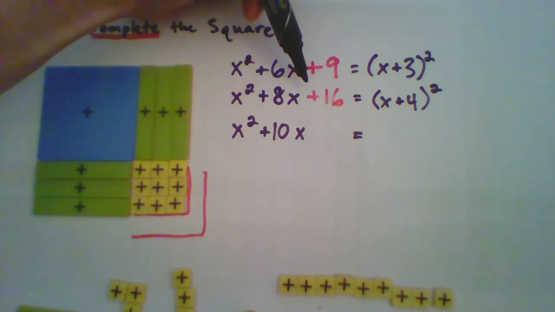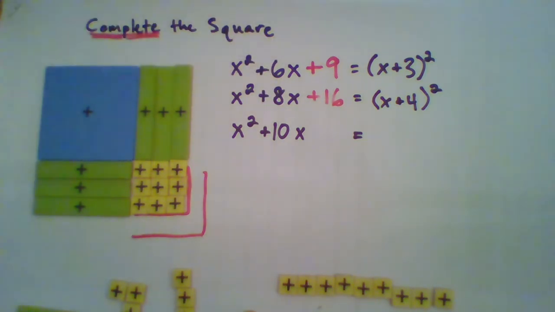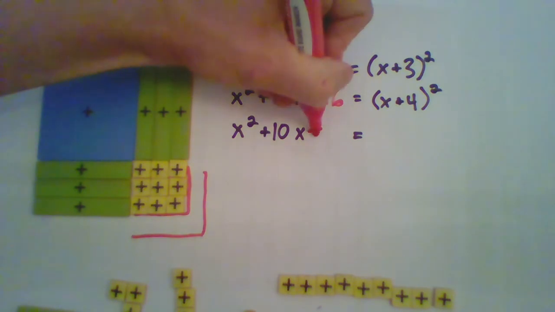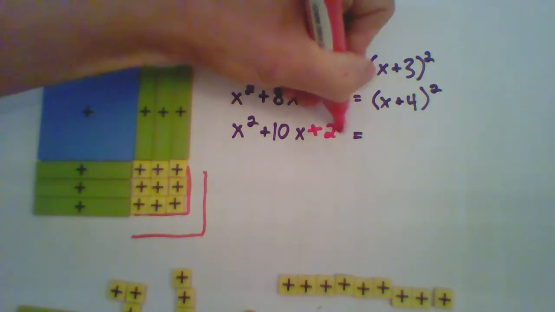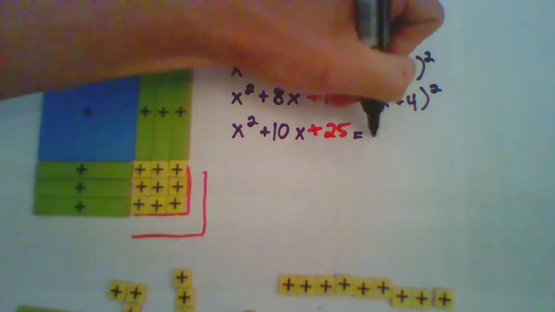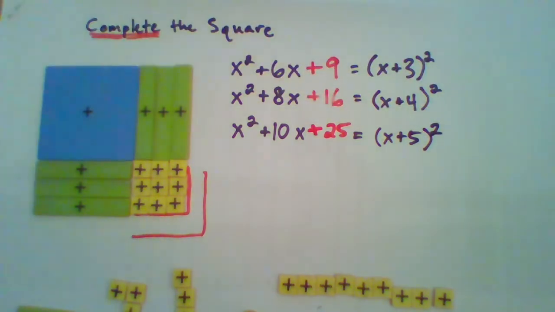So let's imagine the same pattern here. If we did 10 x's and we divided that in half, we would have 5. 10 divided by 2 is 5, and then 5 squared is 25. So using this pattern, you might predict we should do plus 25 here, and the result then would be x plus 5 squared.